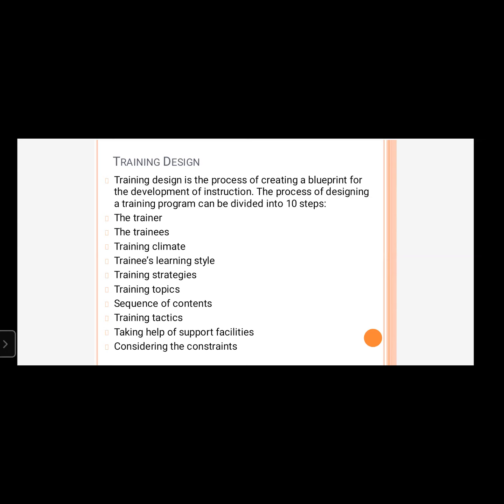Suppose communication skills training is to be organized by the organization, those employees who are lacking in communication skills are to be deputed for this training program. And this is how the trainees can be selected.